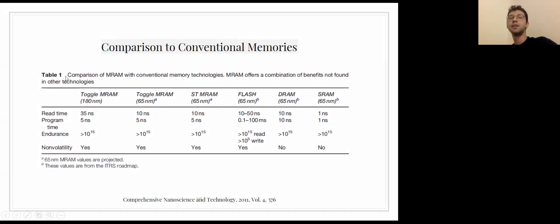When I first looked at this table, I saw that the read times of SRAMs are really low, but the main importance of these magnetic memories is that the gain is non-volatility, and this is actually a trade-off between them. But overall, we see that MRAM devices really do well for our devices.